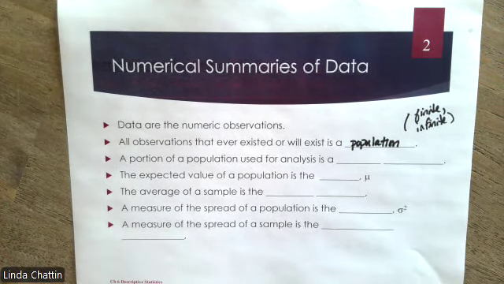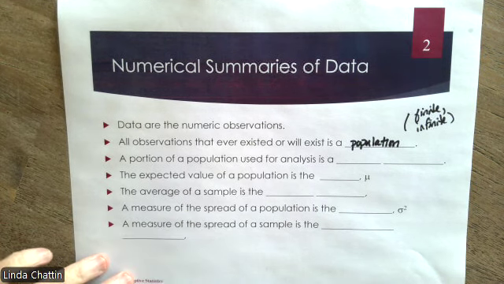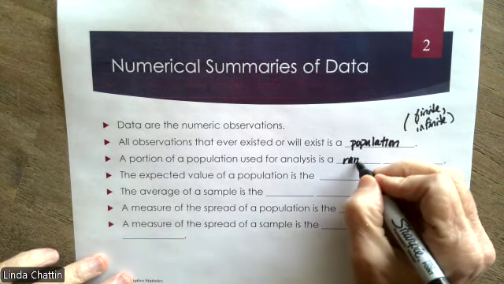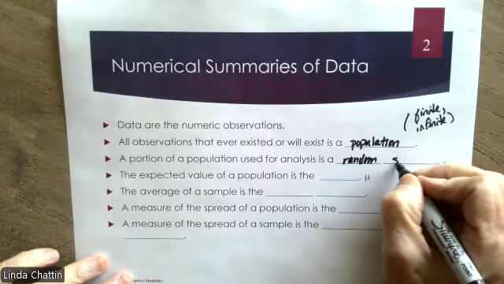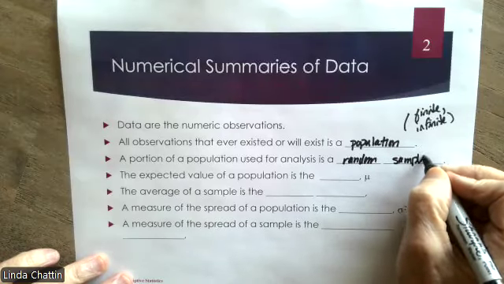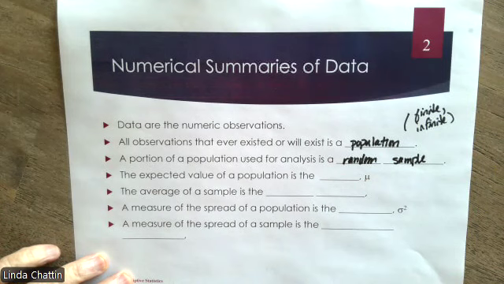A portion of this population that we take for an analysis is called a random sample. And by random, we just mean that we don't include any bias when we grab the data, because sometimes you can have data that are related, so you want it to be purely random.